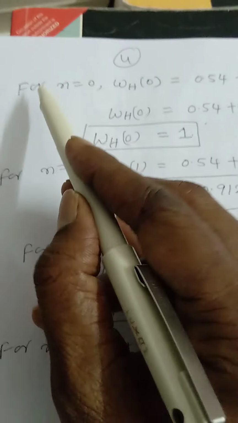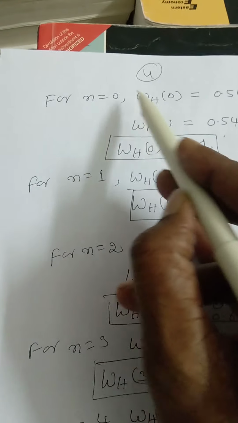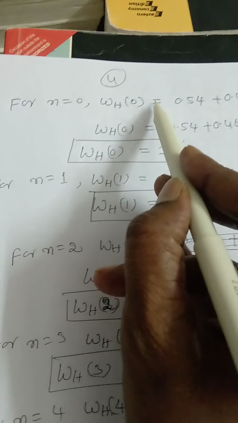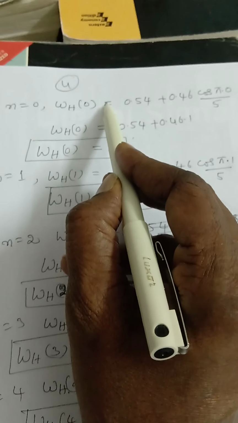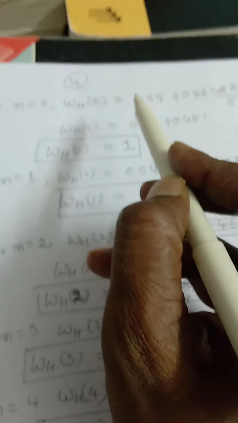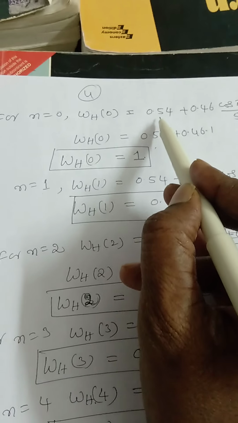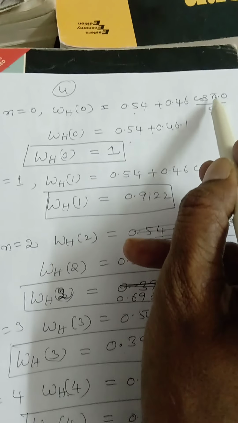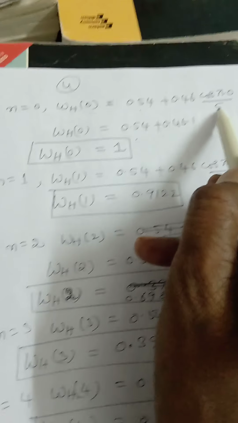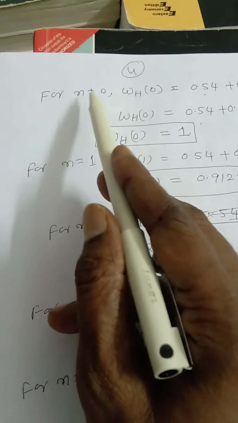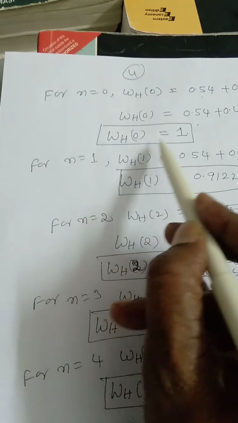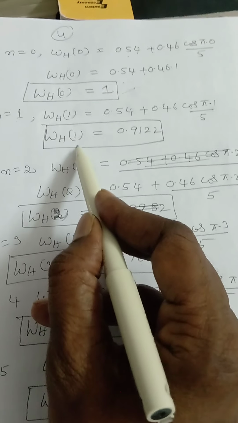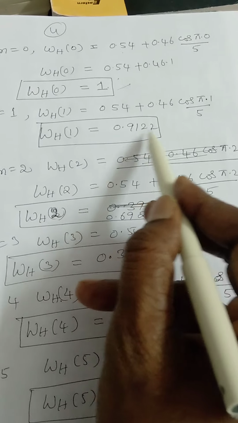Now you see, for n is equal to 0, the window sequence WH of 0 is equal to, simply you substitute the value of n in the above equation, that is 0.54 plus 0.46 into cos pi into 0 divided by 5. That is equal to, for n is equal to 0, WH of 0 is equal to 1. For n is equal to 1, WH of 1 is equal to 0.9122.